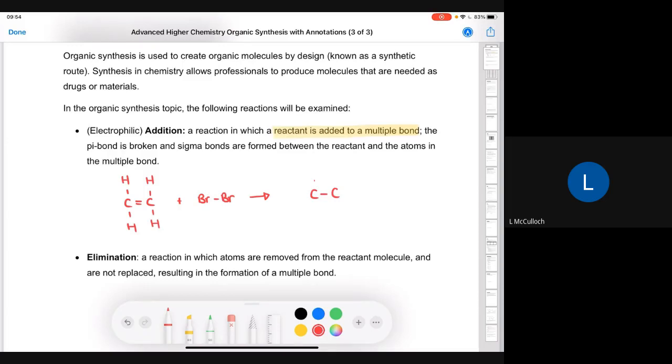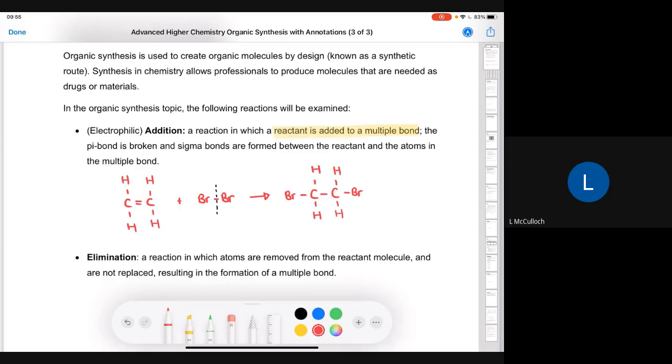All of the hydrogens that are attached remain attached. Nothing happens with them. And then the bond between the two bromine atoms is going to break, and we are going to add one bromine onto one of the carbons that had the double bond, and the other bromine will be added on to the other carbon atom that had the double bond. So that's just a really straightforward, easy example.